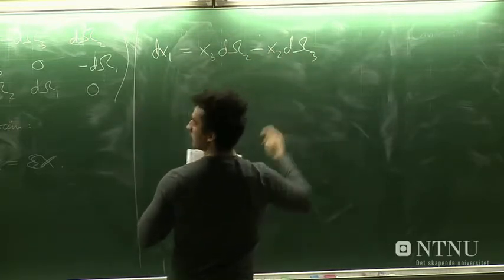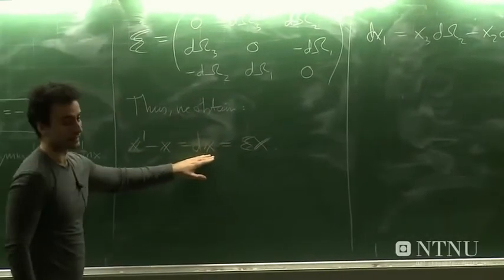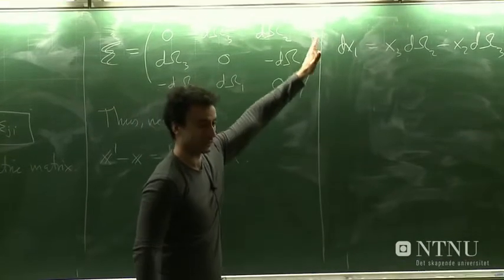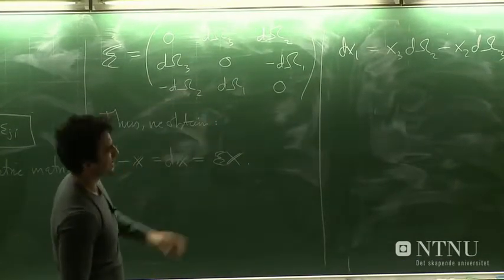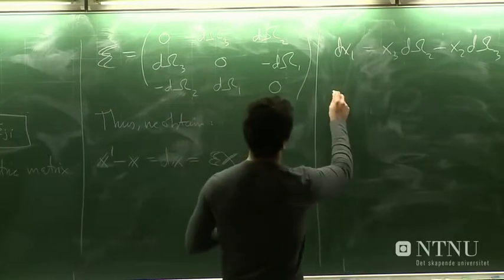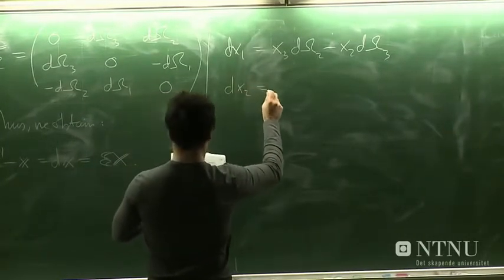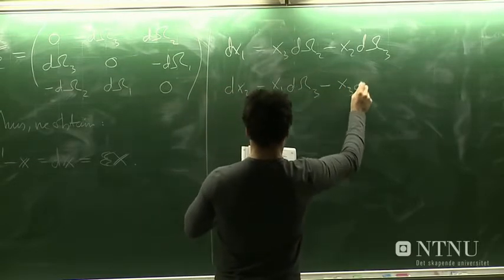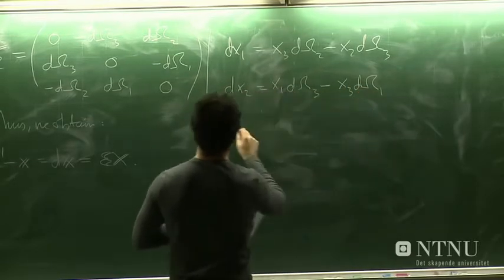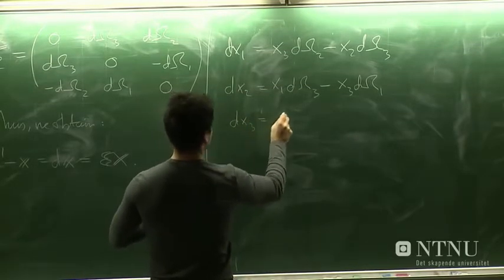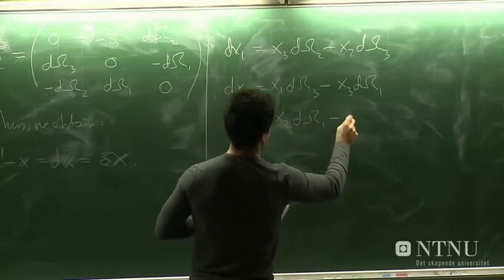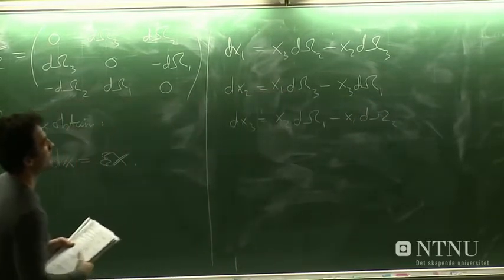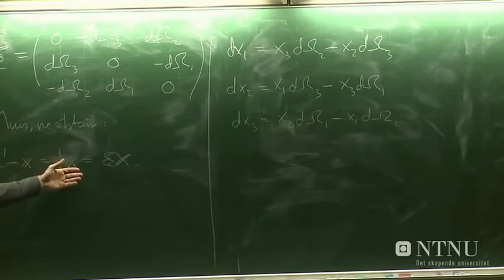For the first element, dx1, I should take this row of epsilon and multiply it with x, which gives me that. So I've just written out this equation here.